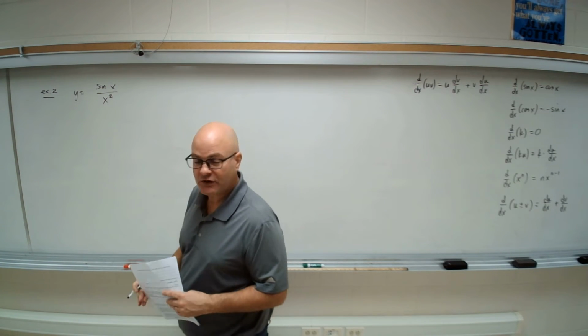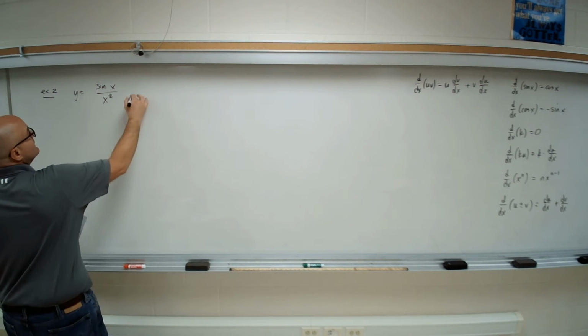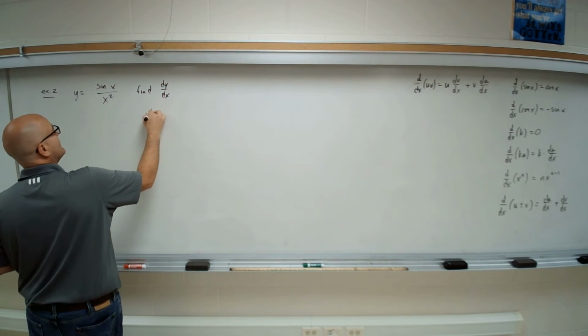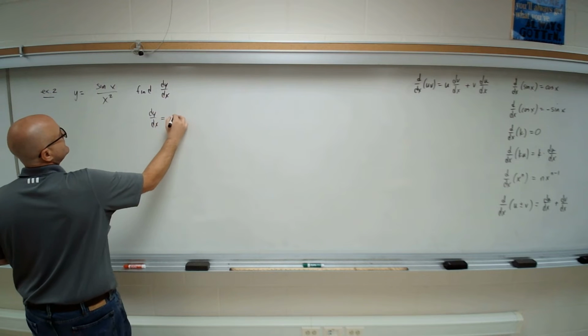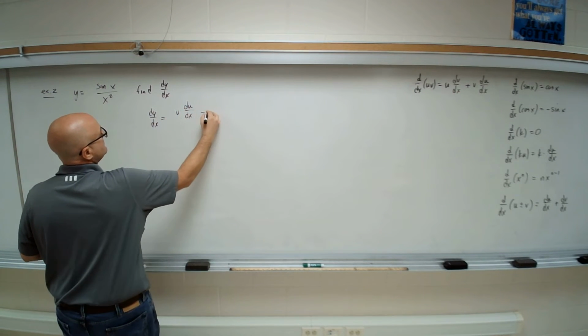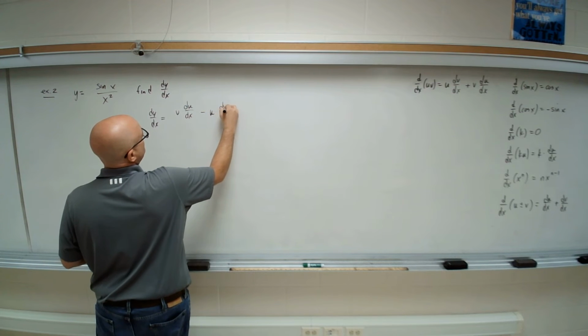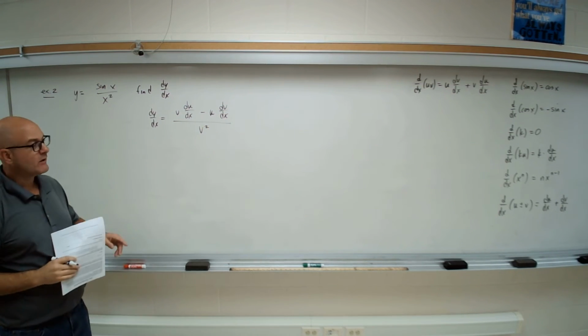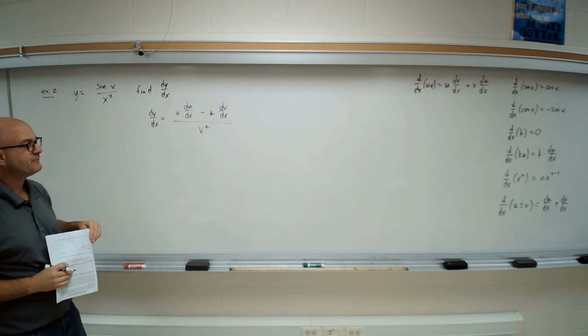But let's take a look just to see that our answers will compare. So it's a good investigation here. If we're going to find dy dx, we know that dy dx is v du dx minus u dv dx over v squared. Starts with a v, ends with a v.